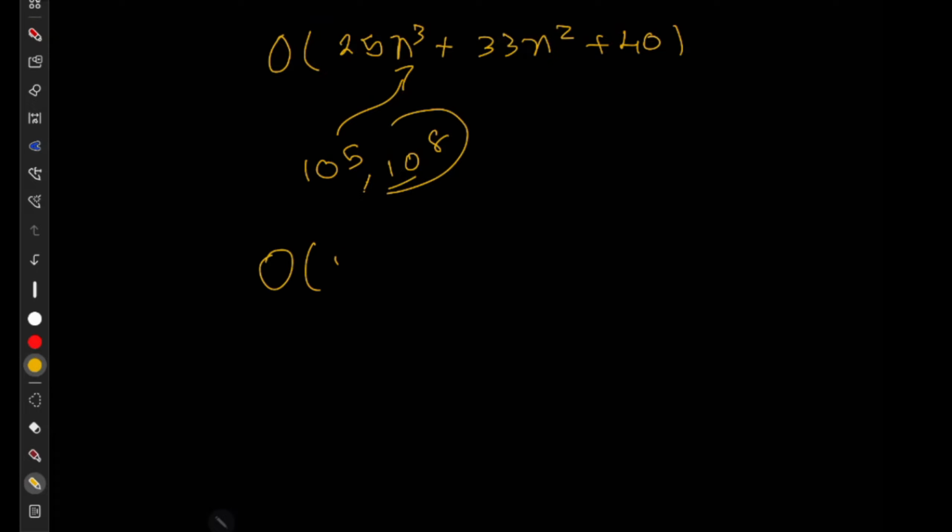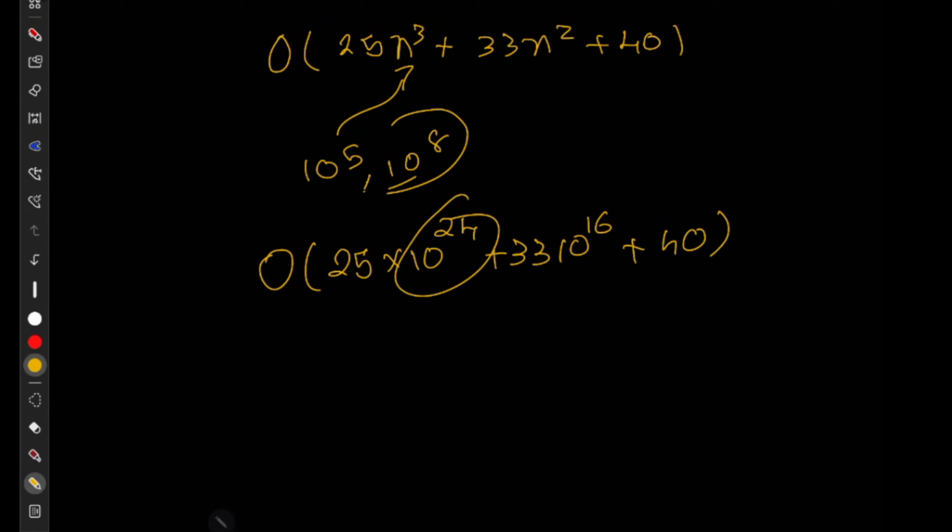Then 25 into 10 raised to power 8 cubed means 10 raised to power 24, then 33n squared is 10 raised to power 16, and then 40. Just imagine such a large value as 10 to the 24. The 10 raised to power 16 is never comparable to it, so this can be ignored.